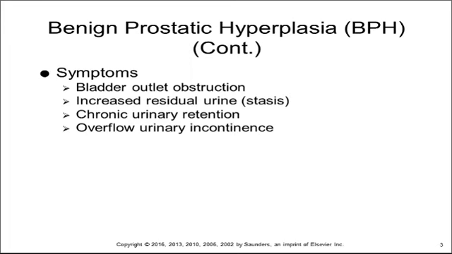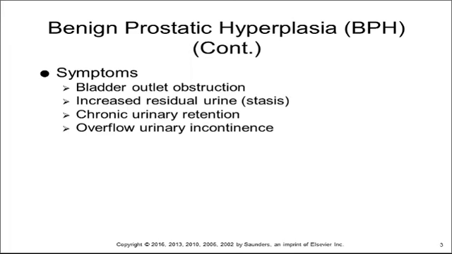As the prostate gland is enlarging, it extends upward into the bladder and inward, causing a bladder outlet obstruction. This affects the urinary system in multiple ways.